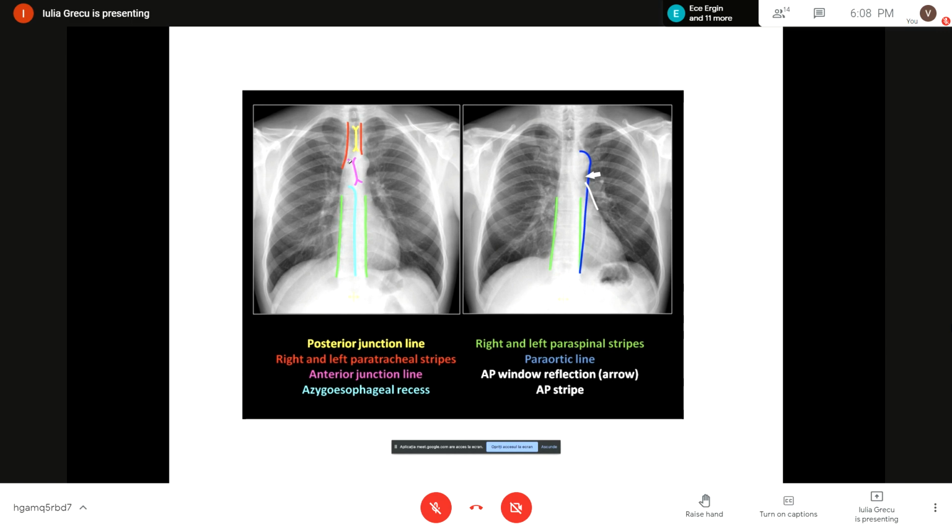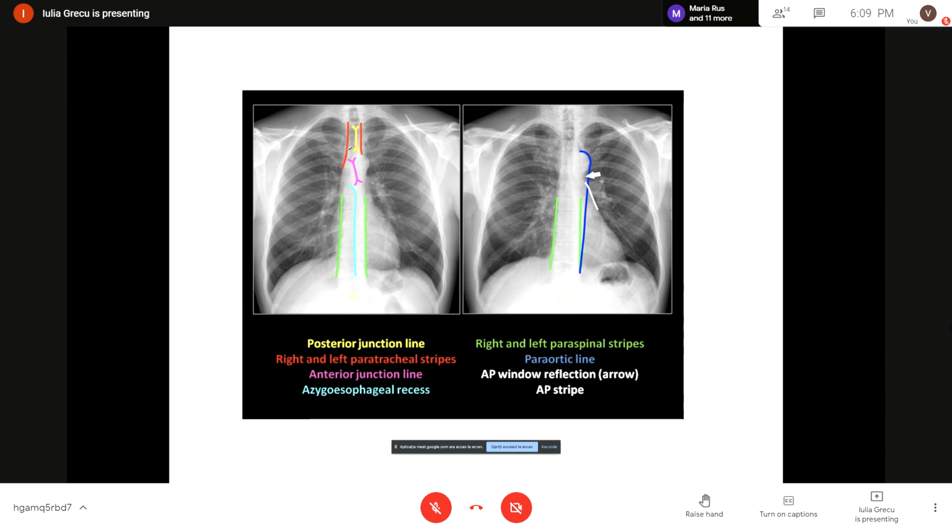And because of this difference in intensity, we can see these lines that delineate different structures in the mediastinum. So with green on both sides, there are the paravertebral or paraspinal lines. With red, you have the paratracheal line.